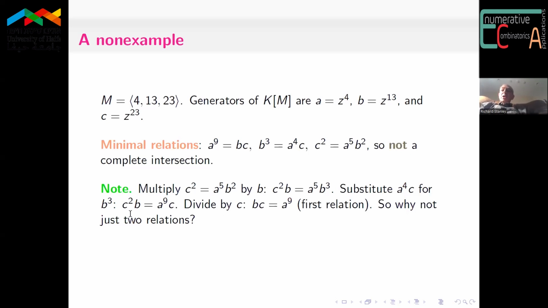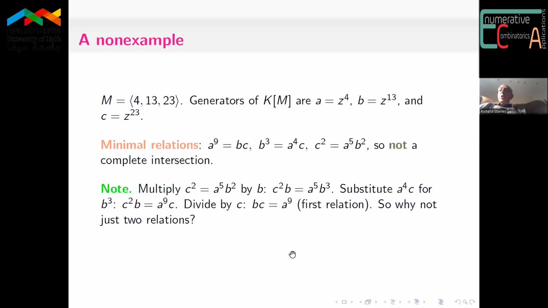We get c squared b equals a to the 9th c. Then just divide by c, and we get c squared equals a to the 9th. We get this first relation. So it seems like I've gotten the first relation from these two. So why are the relations independent?